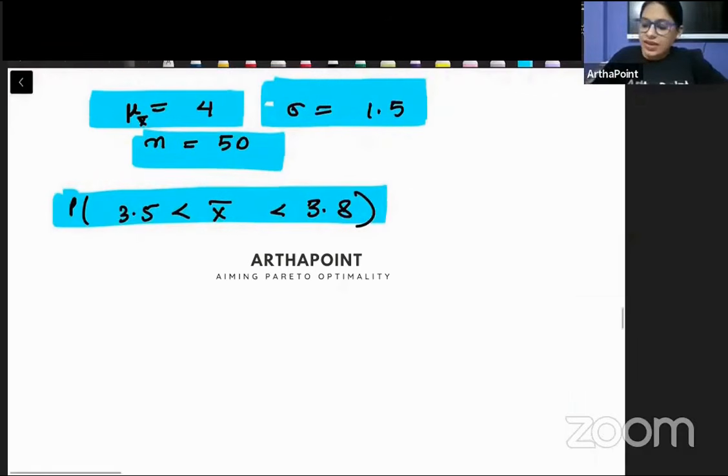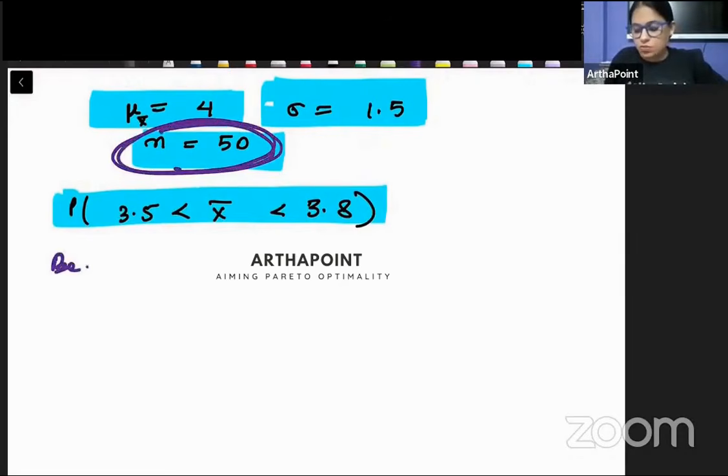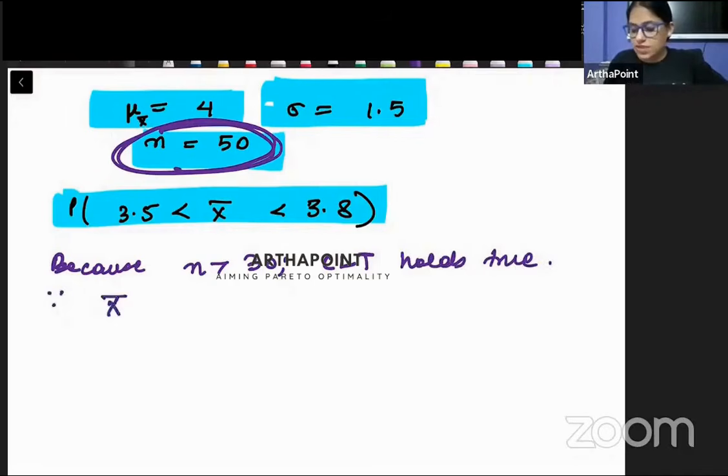Because n is greater than 30, we will write this line. So because n is greater than 30, the central limit theorem holds true. And since the central limit theorem holds true, we can say that x bar is approximately normally distributed.